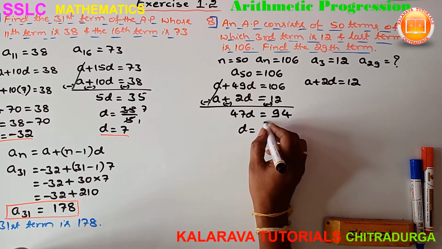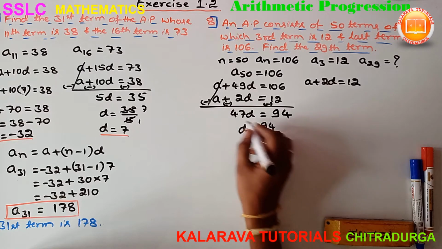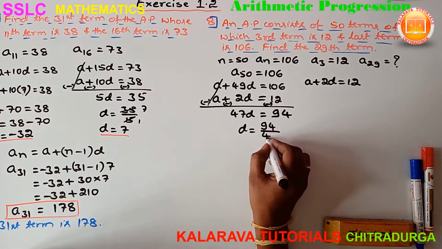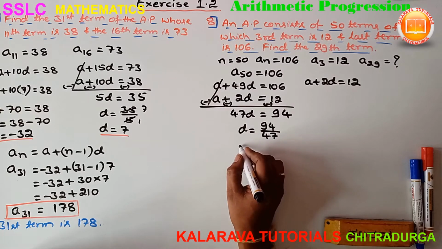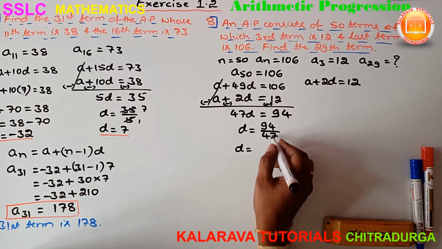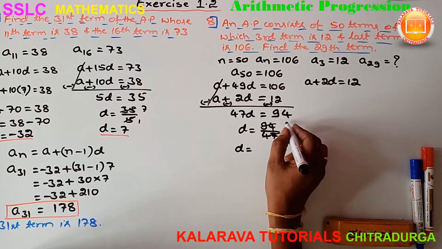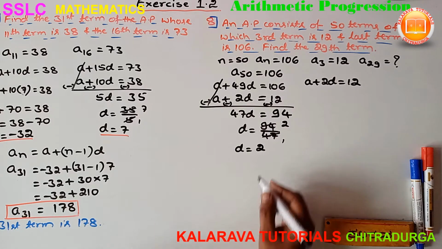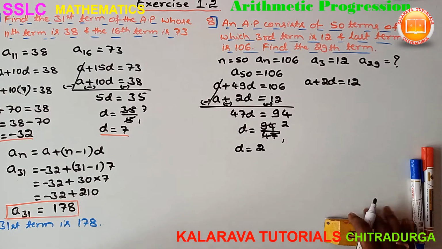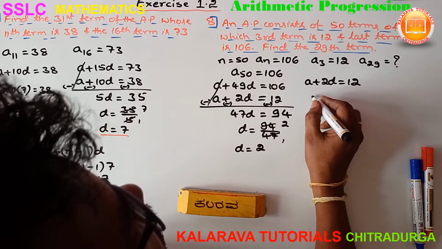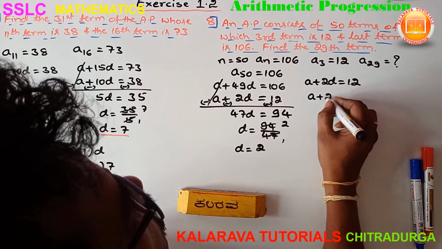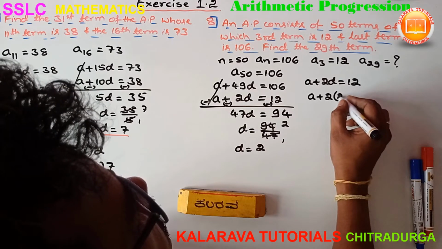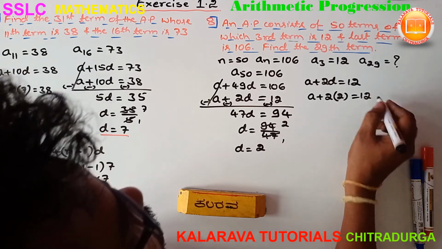Here D is equal to 94 divided by 47, if you transfer this 47 to the right hand side, that goes to the denominator. D is equal to 94 by 47, 47 ones are 47, 47 twos are 94, that gives you D is equal to 2. Now we have to substitute the value of D here. So here A plus 2 into the value of D, which is 2, is equal to 12.